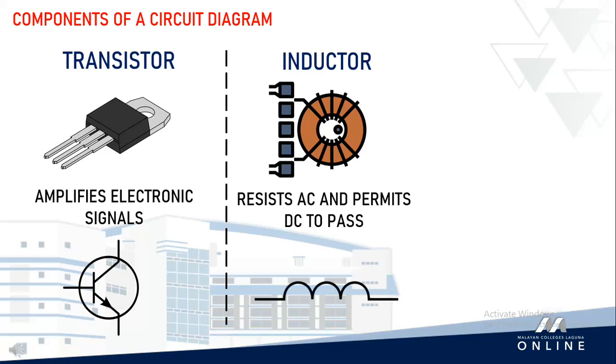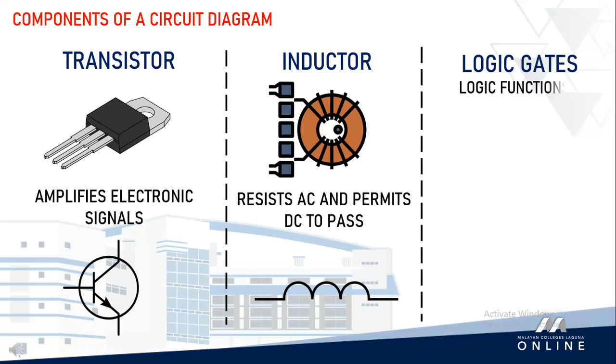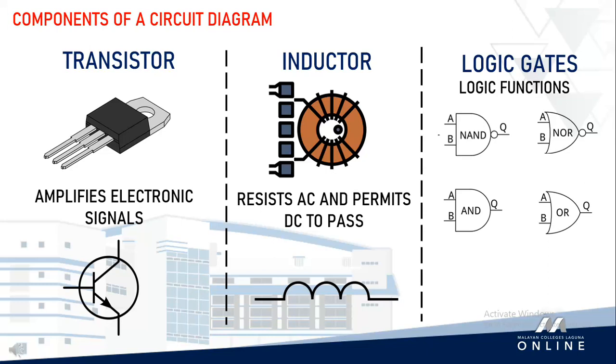Then we have the logic gates, which represent logical functions or decisions in your circuit. We have six types and they are represented differently based on their function. We have the NAND gate, NOR gate, AND gate, OR gate, XOR gate, and NOT gate.